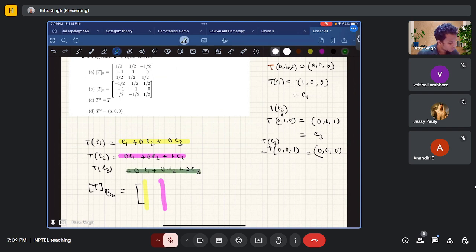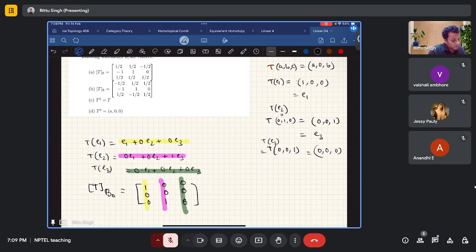The third we put in the third column. So this matrix representation is 1 0 0, 0 0 1, and the third column will be 0 0 0. So this is the matrix representation.